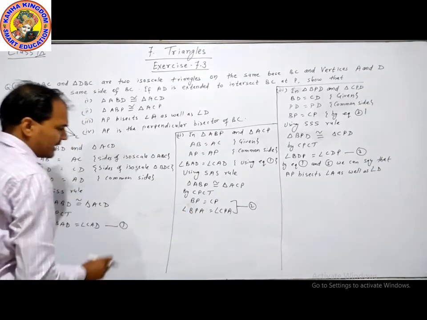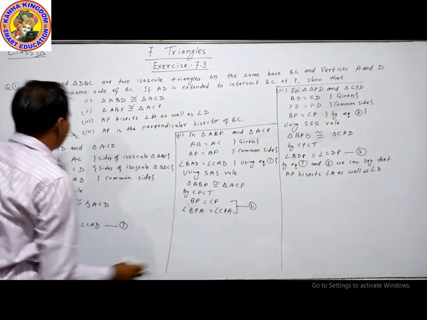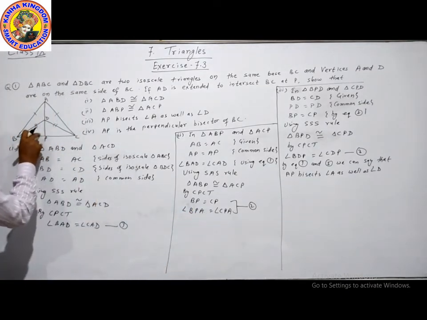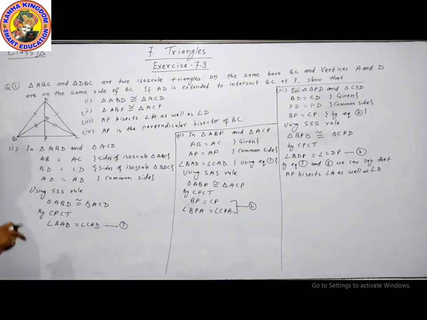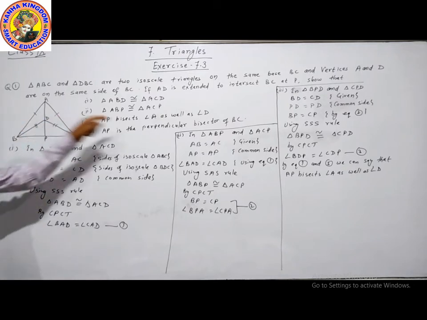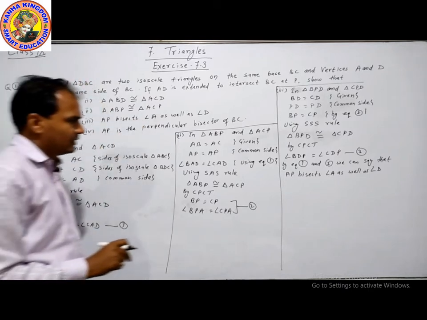By equation number 2, we can say that angle P and angle P is equal. These angles are equal. In a linear pair of angles, the angle in a complete line will be 180 degrees. So P plus P is 180, 2P is 180, so angle P is 90 degrees. So this is perpendicular.